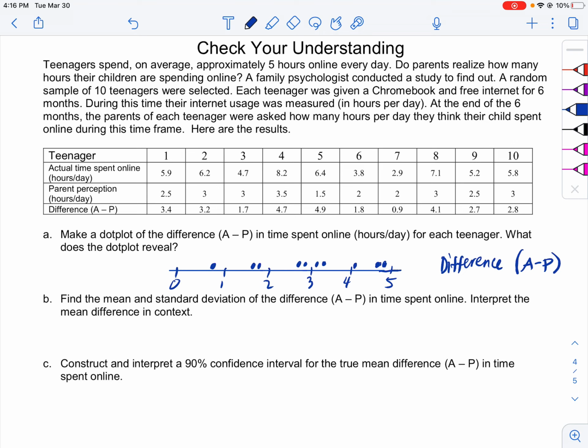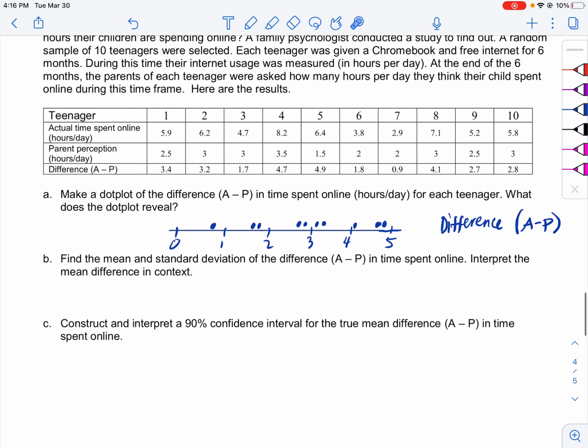Okay, so find the mean and the standard deviation of the difference A minus P in time spent online. Interpret the mean difference in context. So if I put all of these numbers in my calculator and go to one variable statistics, I'll get my mean and my standard deviation. In this case, my mean difference is 3.02.